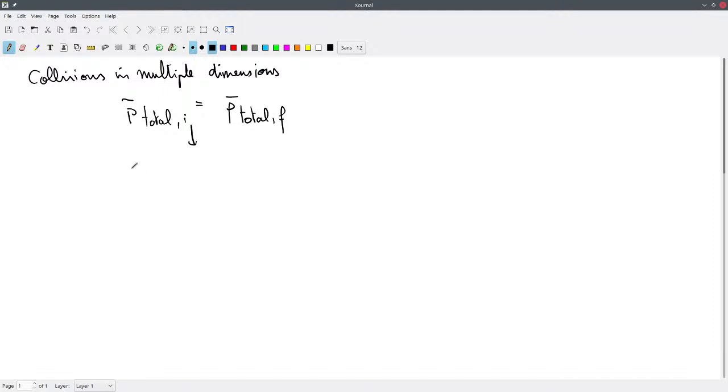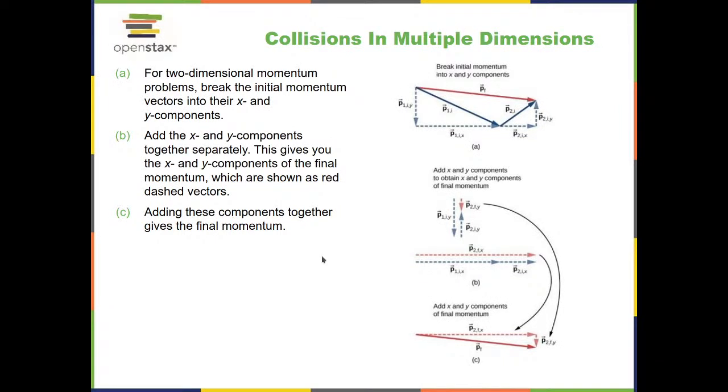That means the total initial x component will have to be equal to the total final x component. Same thing for the y component, and same thing for the z component. So the momenta have to be conserved independently for each of the coordinates, for each of the directions. We can use that now to our advantage.